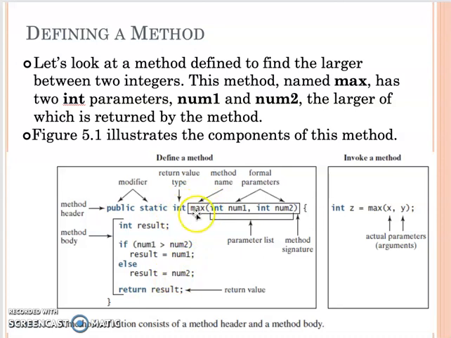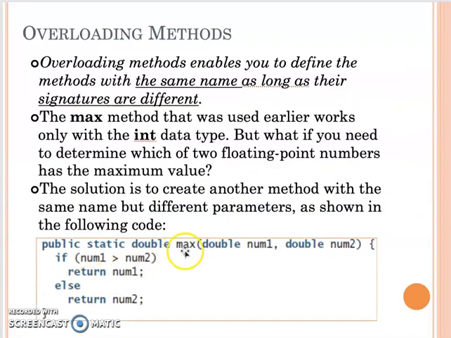But we can also decide we want to compare two double numbers. So I can define another static max method. Since I pass in two double variables, the bigger one is returned, and the return type is also double.